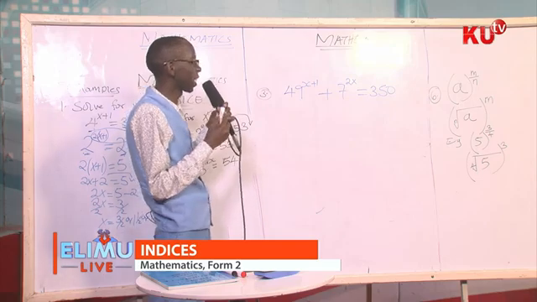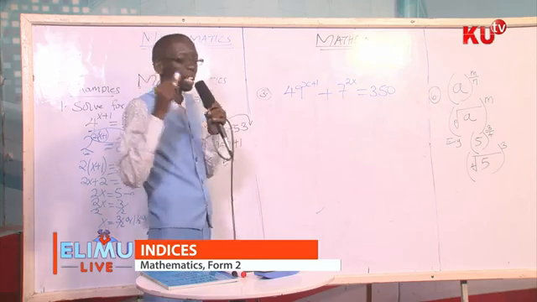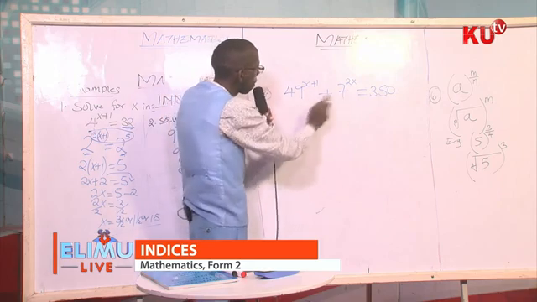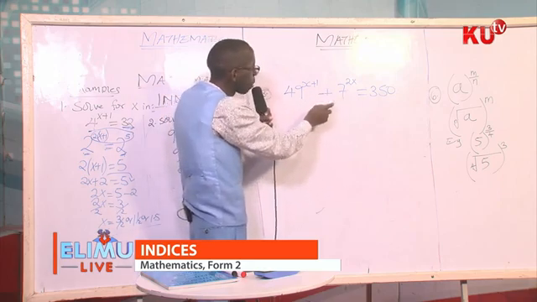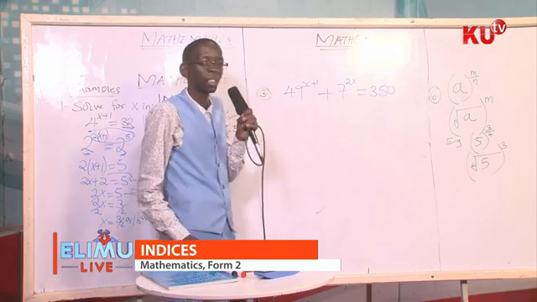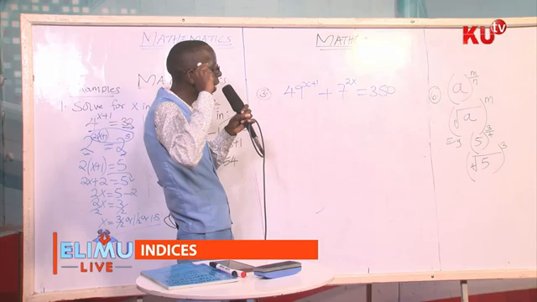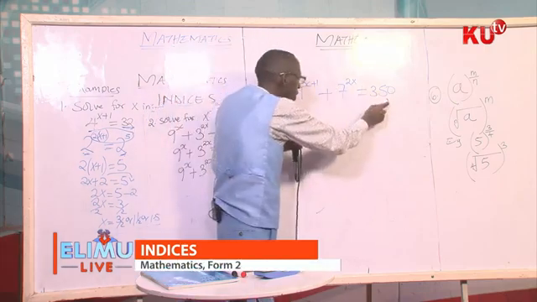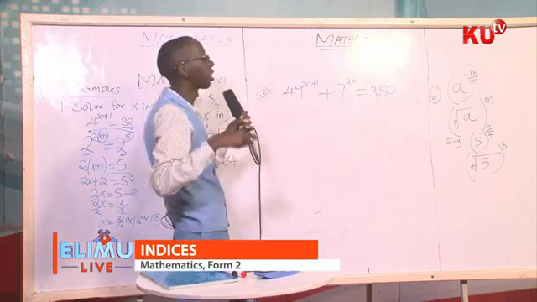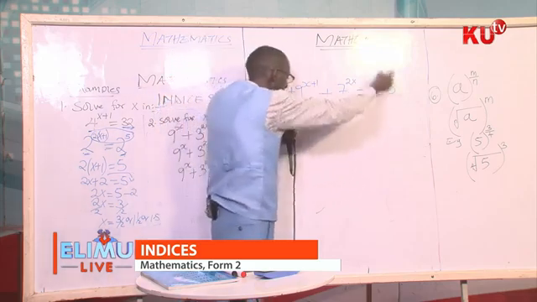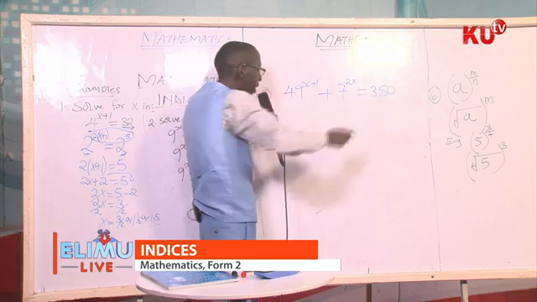My dear student, this is a question where the two numbers are separated by an addition sign. When you see such a question, in your mind you should know that the 350 should not be raised to base 7. Don't raise this one. At the first step, it should remain the way it is.